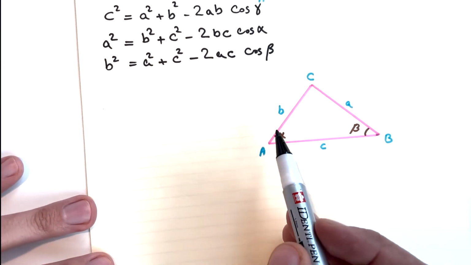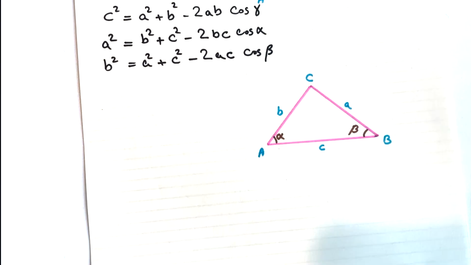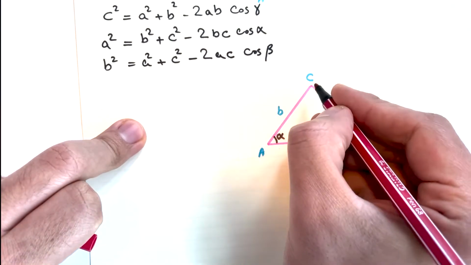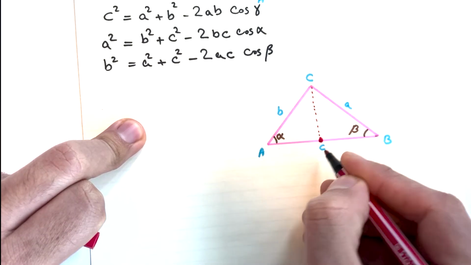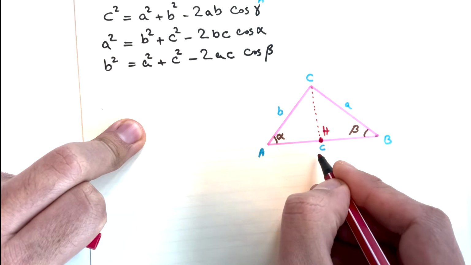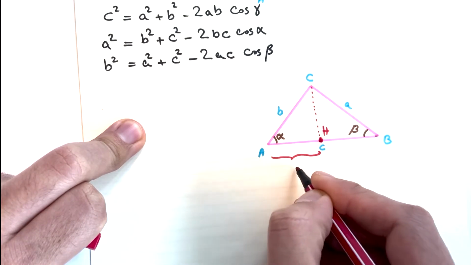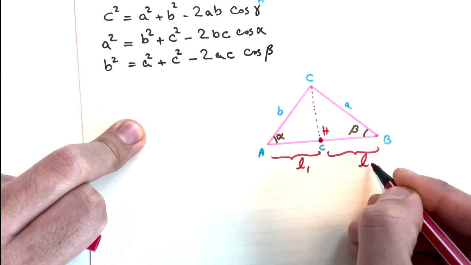I'm going to write it down again for this triangle. I'm going to draw a perpendicular line from point C here and call it H. Now I call this part L1 and this part L2.